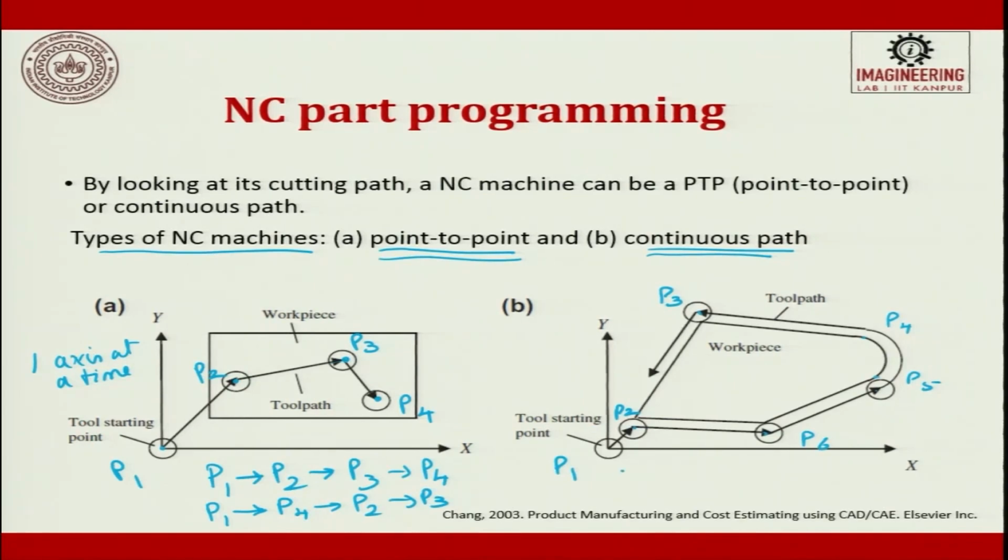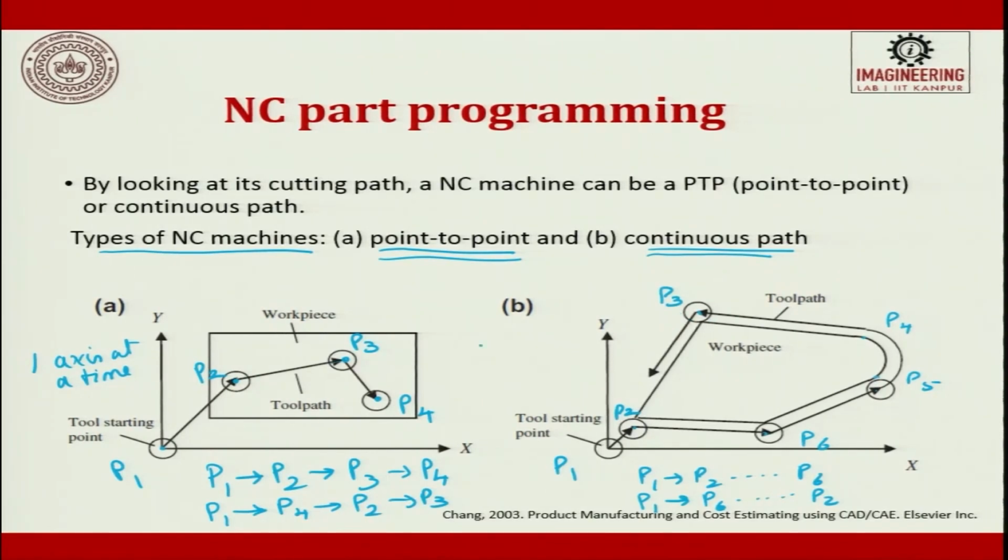Here you can start from P1 to P2, go up to P6, or you have another logic which can start from P1 to P6, go up to P2 and finish. In between points you can't change the sequence. So, here apart from the end points, the path in which it is tracing is also important.